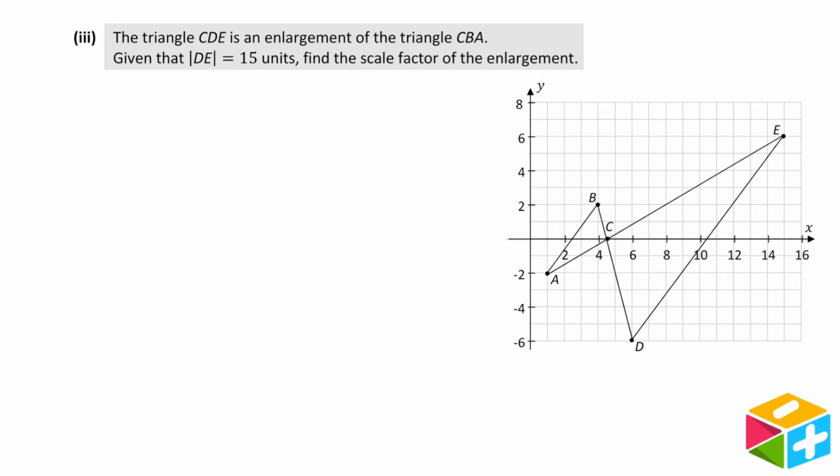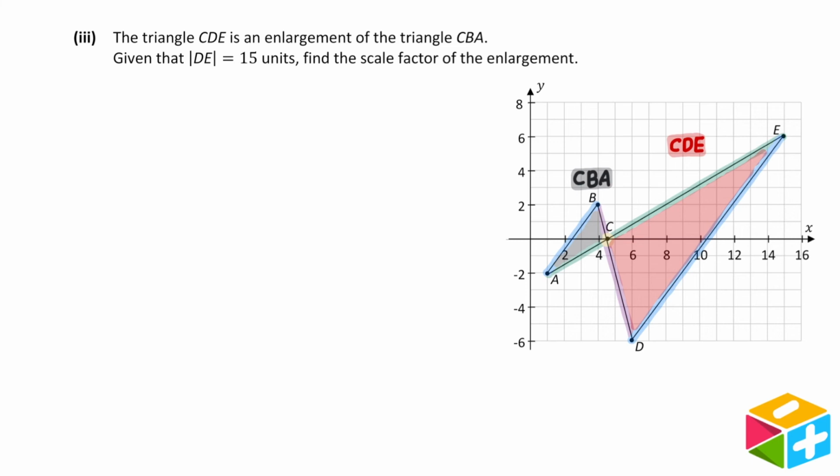Part III. The triangle CDE is an enlargement of the triangle CBA. Given that the length of DE is 15 units, find the scale factor of the enlargement. Looking at our diagram, the triangle CDE and the triangle CBA have an identical shape.